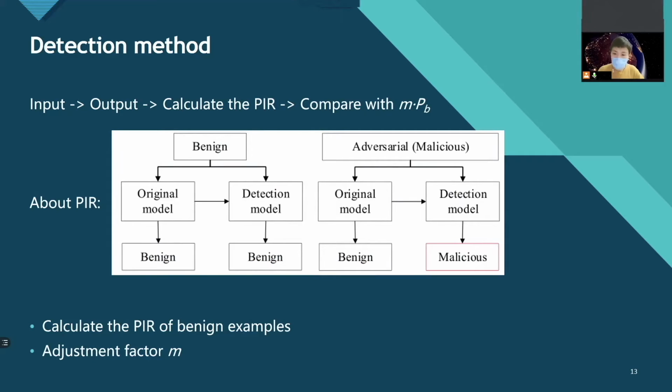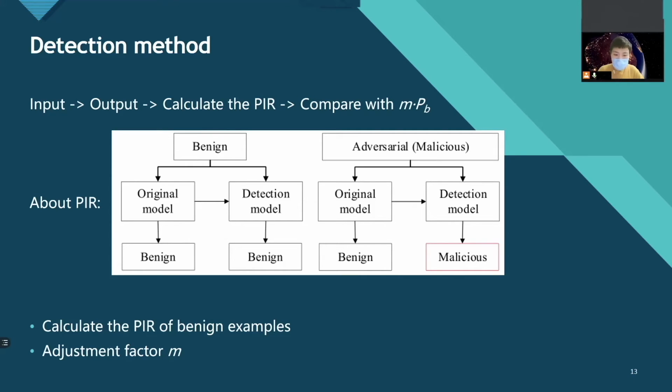After the generation of the detection model group, the next step is to input the testing examples into the models sequentially and record the prediction results of each model. Then we calculate the prediction inversion rate, PIR, and compare it with the benign examples to determine the result. The principle of detection using PIR is shown in the figure.